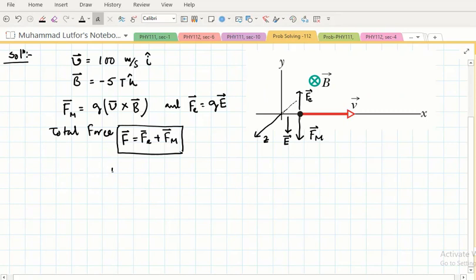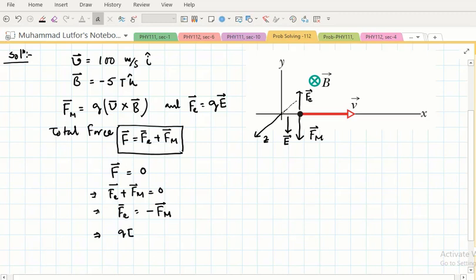So the net force, or Lorentz force, on that electron would be zero. We can write the electrostatic force Fe plus the magnetic force Fm must be equal to zero, or Fe must be equal to negative Fm. That means the electrostatic force equals the negative of the magnetic force.